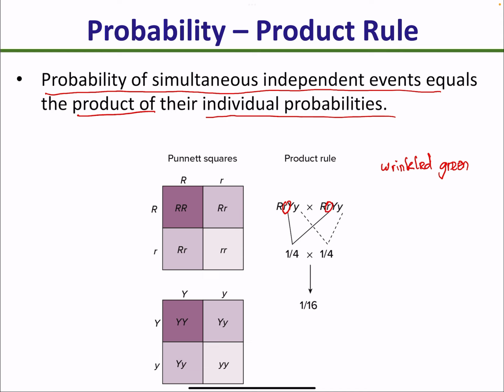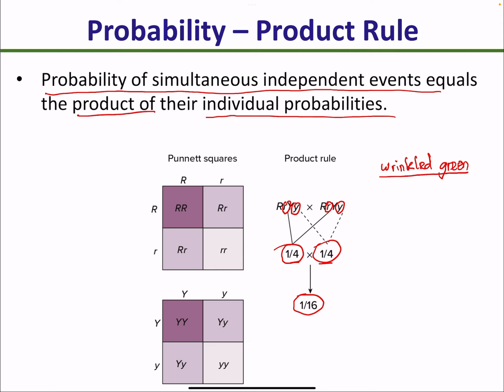So here, we have lowercase r has a probability of occurrence that is 1 out of 4. Lowercase y is 1 out of 4. And now you are going to take a product of 1 out of 4 here and 1 out of 4 here, which is 1/16. And this 1/16 gives you the probability for an individual to be wrinkled and green, right?